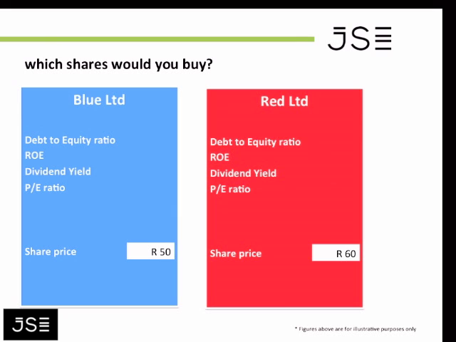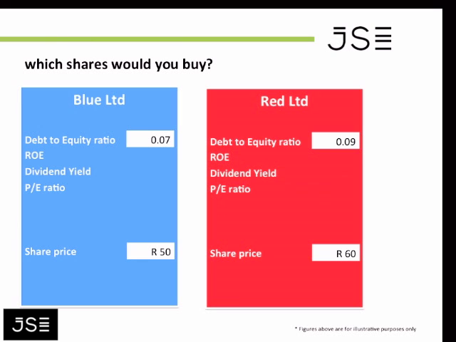If we look at the debt to equity ratio, based on the figures from the previous slide, Blue Limited has a debt to equity ratio of 0.07, which is 7%, and Red Limited 0.09, which is 9%. So it's still lower than 1, and we said that a debt to equity ratio below 1 is favorable.